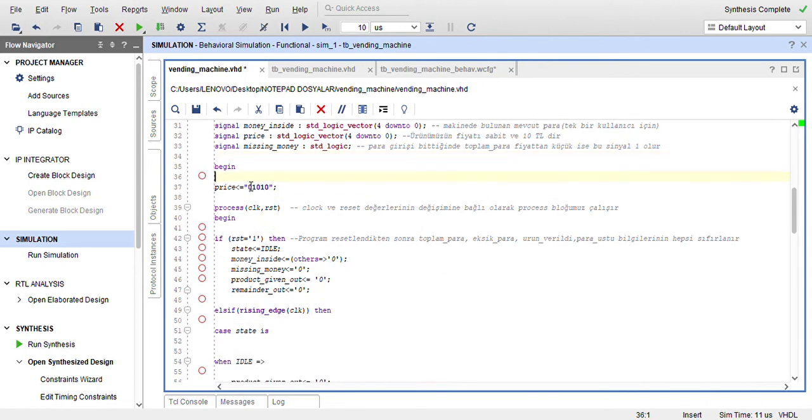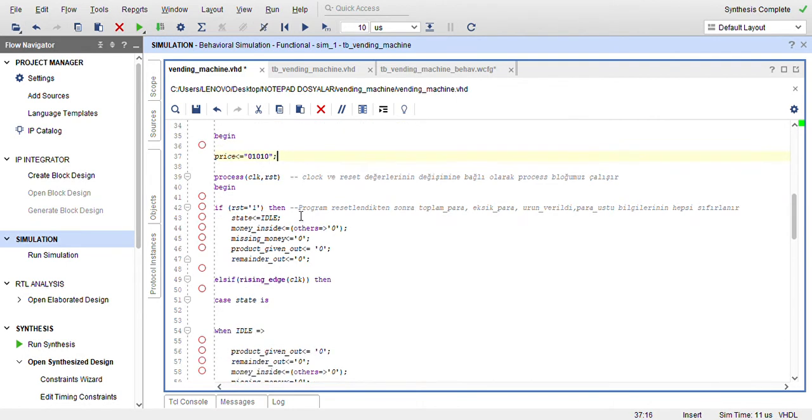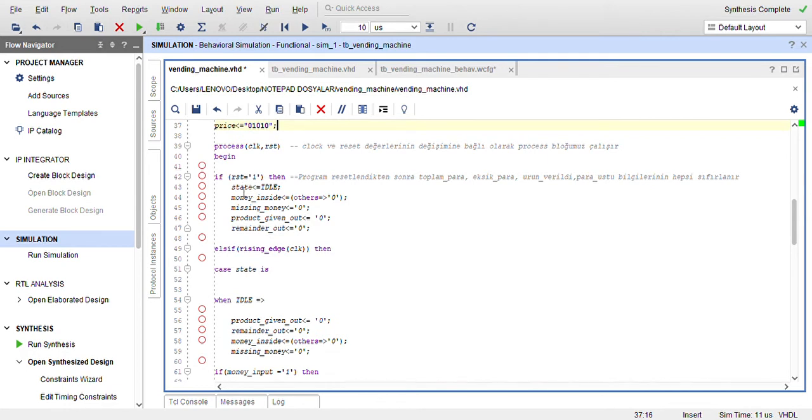So let's begin. Here we write our price, which is 10 Turkish liras. Then we go on with the process. The process depends on clock and reset. So begin. If our reset input is 1, then the state will go to idle. Idle is our first state.